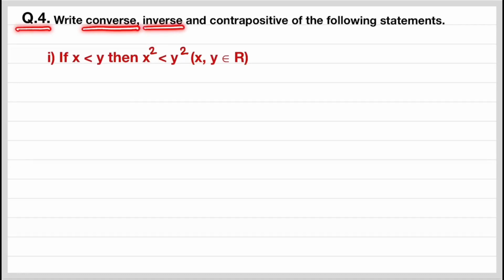Now we will see question number 4, converse, inverse and contrapositive. This we have done in lecture number 1. If you have any difficulty, please watch lecture number 1.